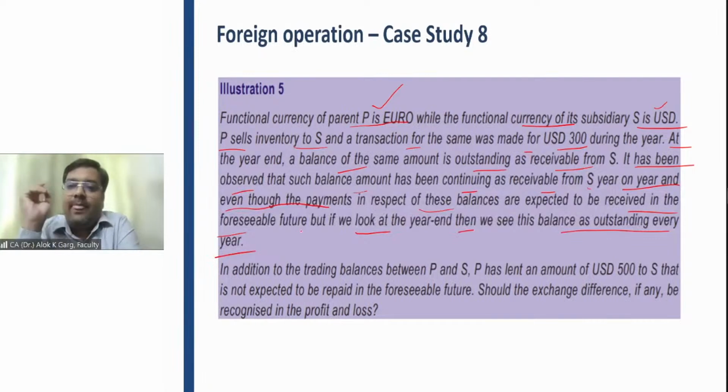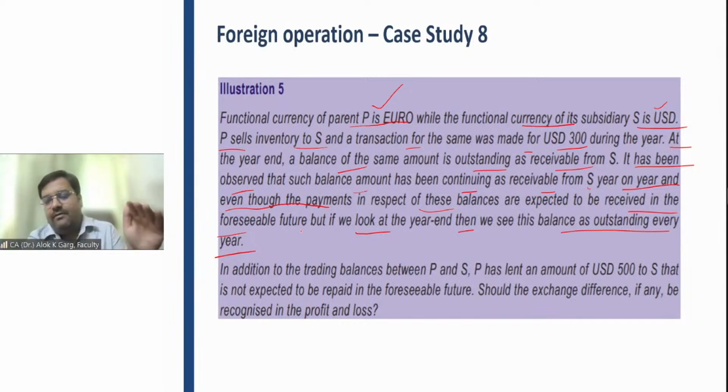So what happens? P used to sell the inventory and S used to make a payment. Normally P sells inventory of $300. S gets the consignment, S sells the consignment, and S pays the money to P. So although the transaction is of a rolling nature, right? One purchase, one sale, one purchase, one sale.